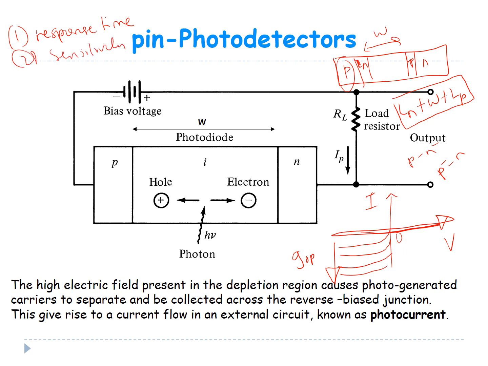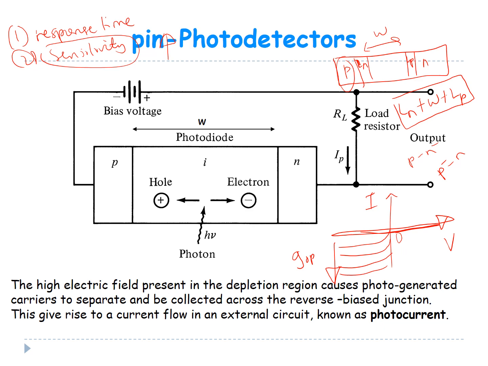By increasing the width of the depletion region, yes, I can increase the sensitivity. And if I lightly dope, it extends more into one side, so the sensitivity goes up, but that does nothing to improve the response time. And in photodetectors, it is actually the response time that is important.